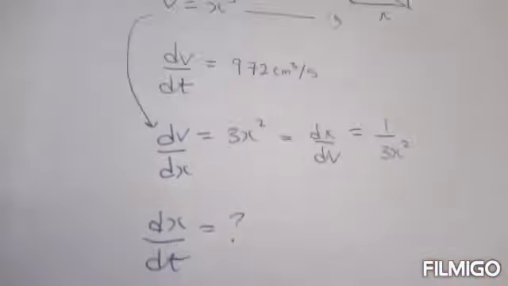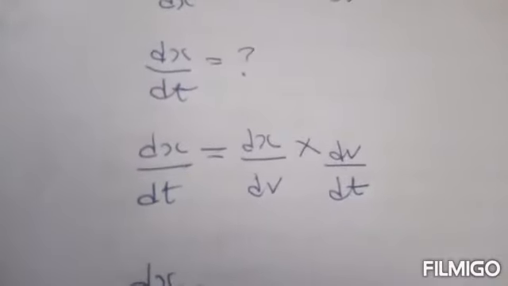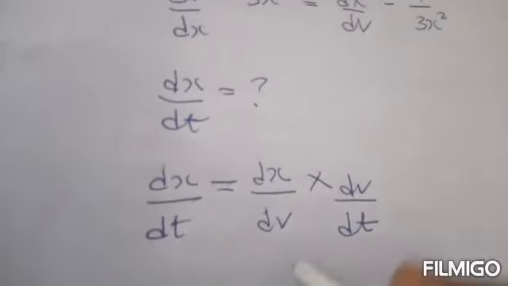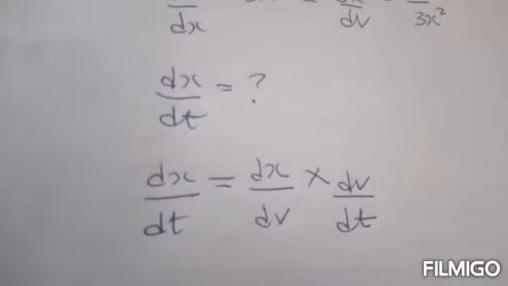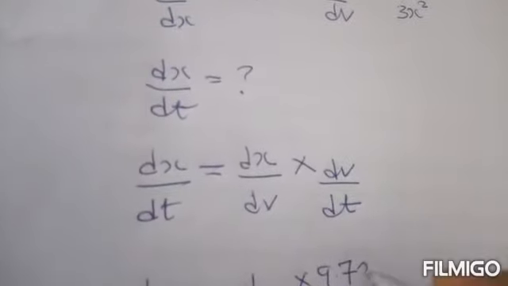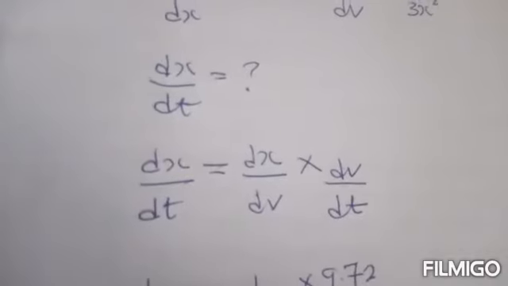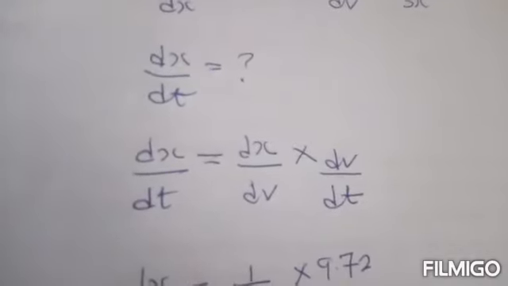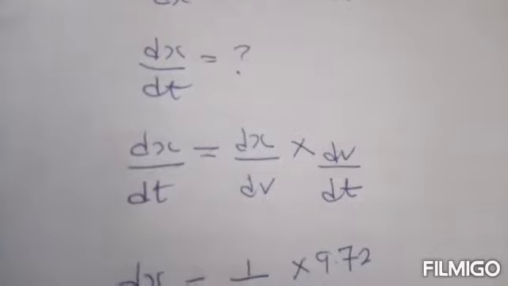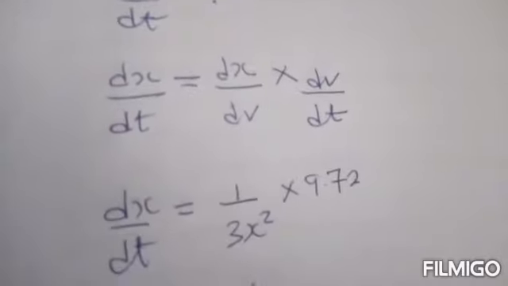So dx/dt will be 1 over 3x squared times 9.72. This will be 1 over 3 times 12 squared, because x is 12 at the instant.